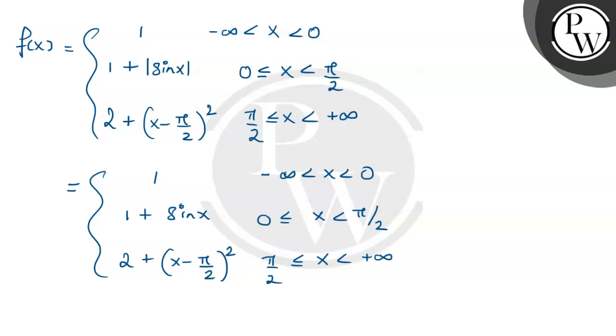Now in the question we have been asked to check the continuity and differentiability at points x equals 0 and x equals pi by 2. So let's check continuity. So first, continuity. So for point x equals 0, तो 0 पे चेक करेंगे.